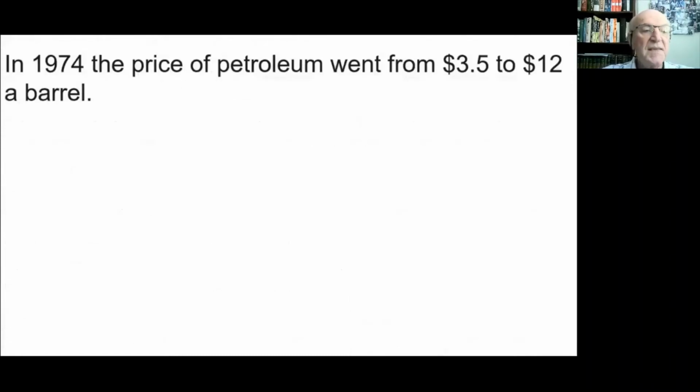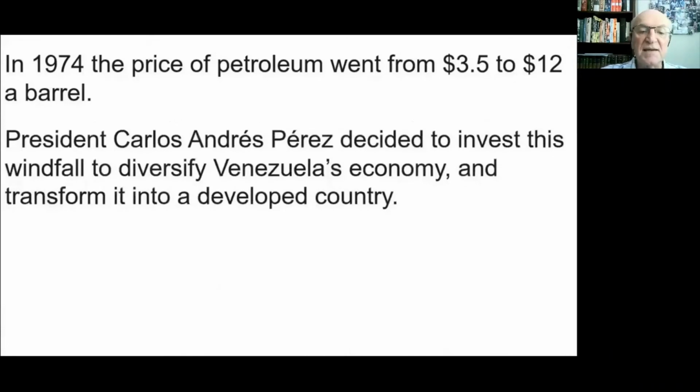In 1974, the price of petroleum went from $3.5 to $12 a barrel. And Carlos Andrés Pérez was the president of Venezuela at that time, and he decided to invest the windfall in order to diversify Venezuela's economy and to actually make Venezuela a developed country.